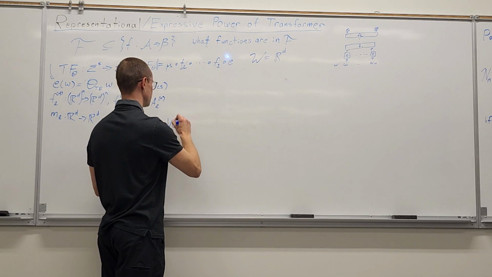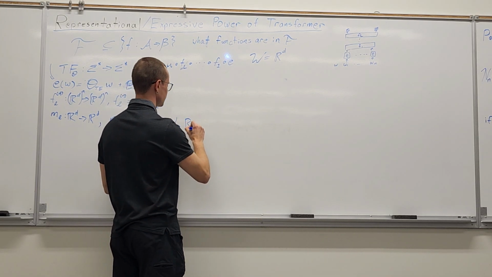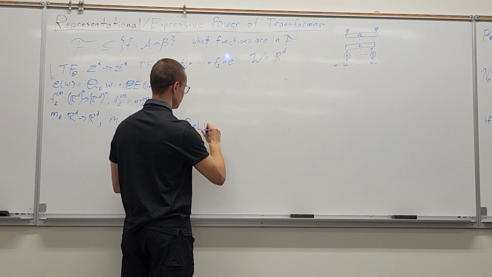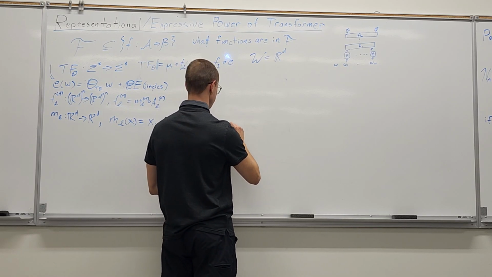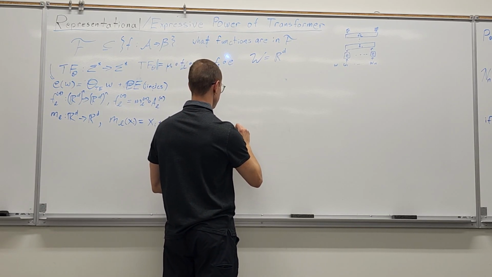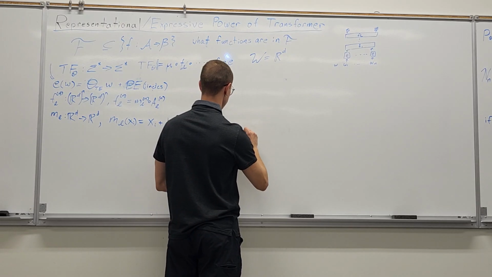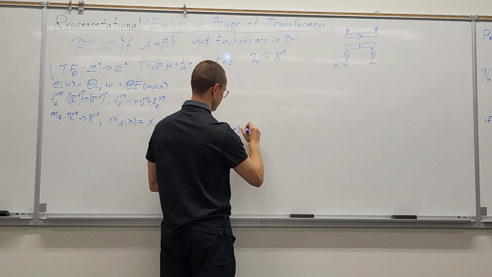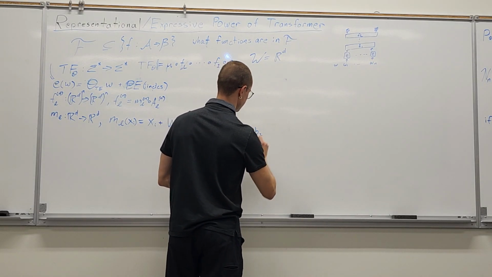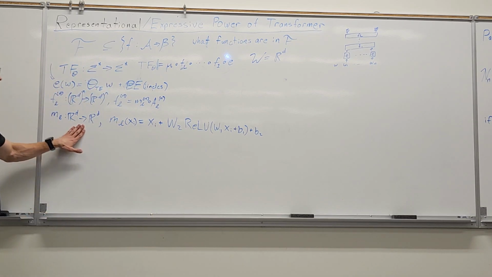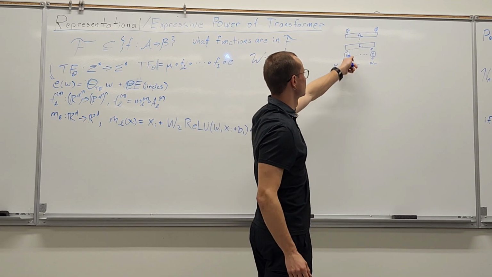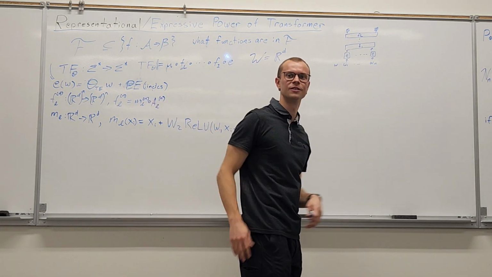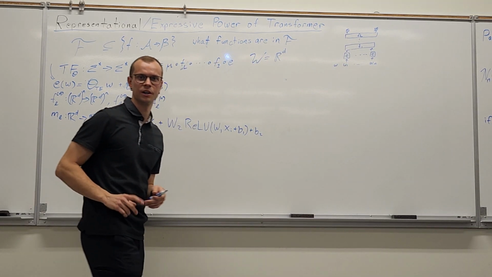There's a parameter W2, which takes the output of a ReLU, and that ReLU has a W1 applied to x_i plus a bias, plus another bias. This is for a single index i, and then you have all n of them happening in parallel.